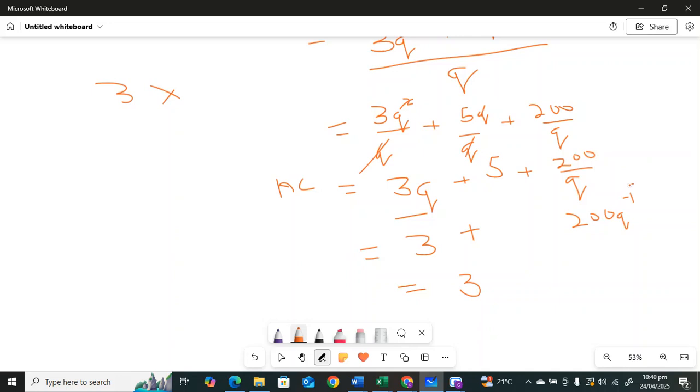This negative 1 times 200 becomes negative 200. Then remember, we subtract 1 from the power, so it becomes 200Q to the power negative 2. Are we okay with that, colleagues?